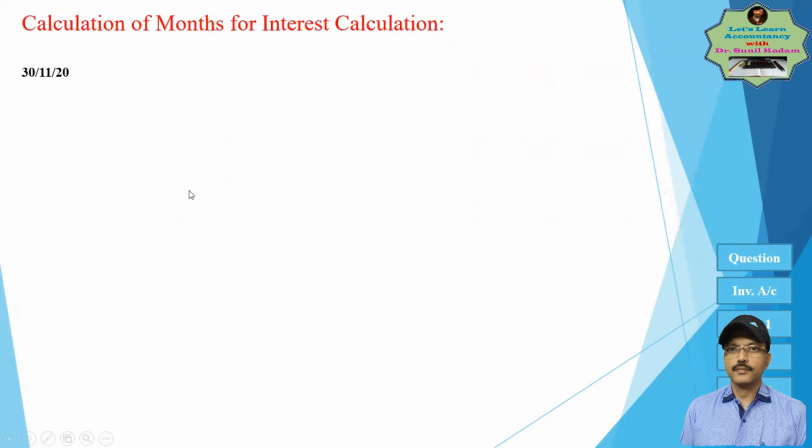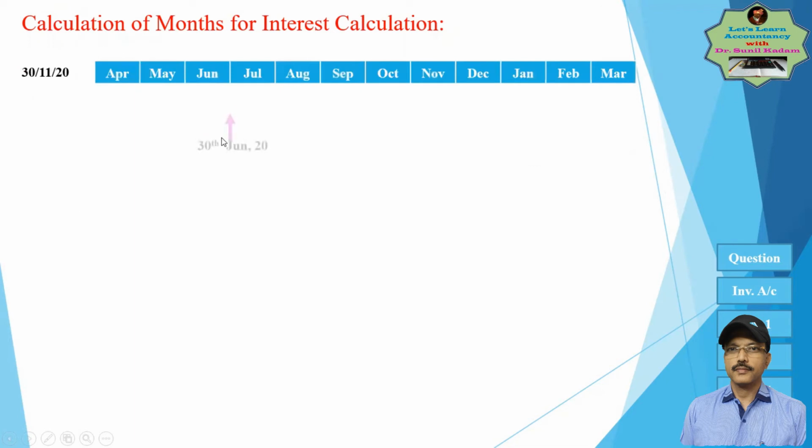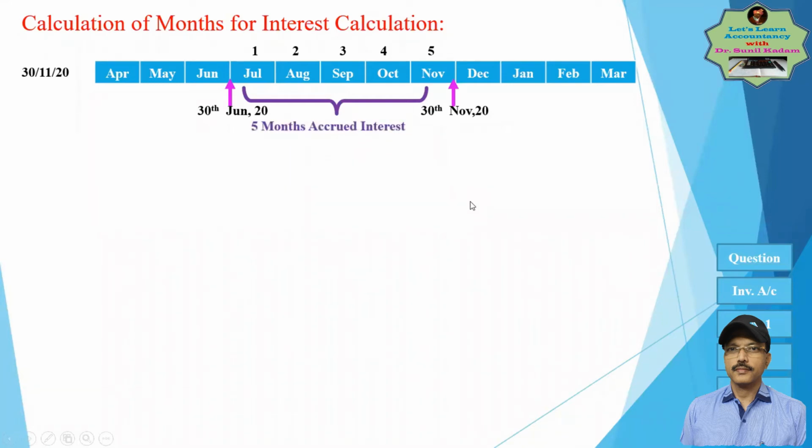The date of interest is 30th November, but the last date was 30th June. So from 30th June to 30th November, how many months does it come? July is 1st, August 2nd, September 3rd, October 4th, November 5th. So the total 5 months accrued interest we need to calculate.